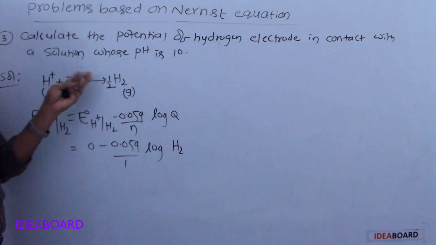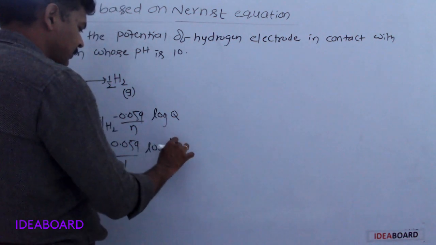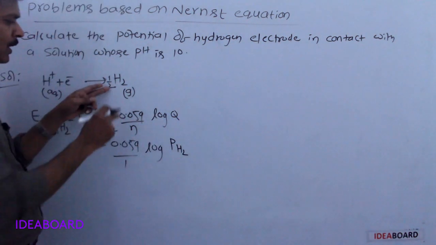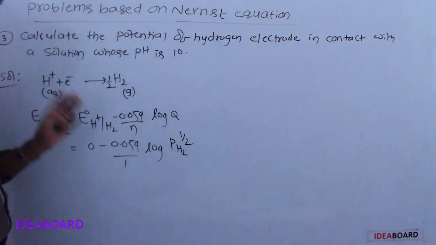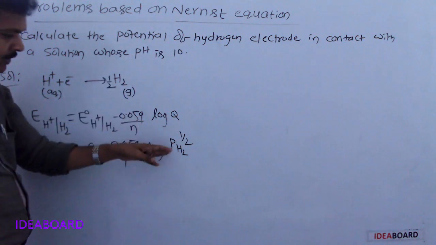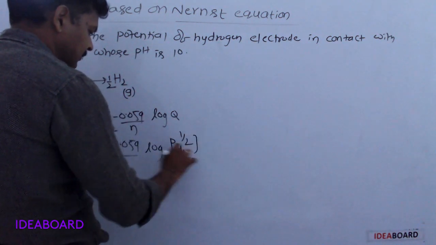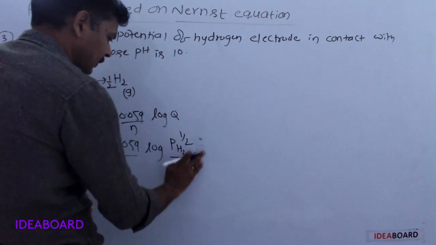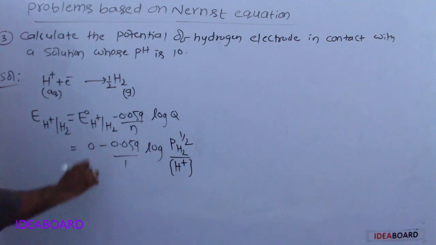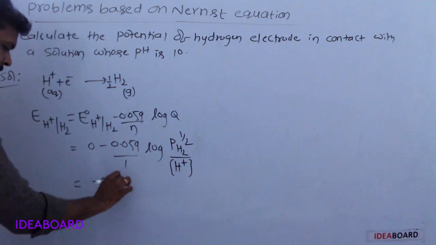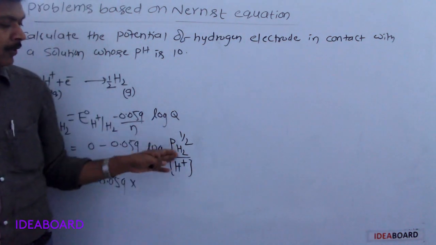Here for a gas, instead of concentration, better use pressure. Pressure of hydrogen gas, with number of moles of hydrogen gas 1 by 2, power 1 by 2, divided by the H plus ion concentration. Minus 0.059 into log of pressure of hydrogen power 1 by 2.